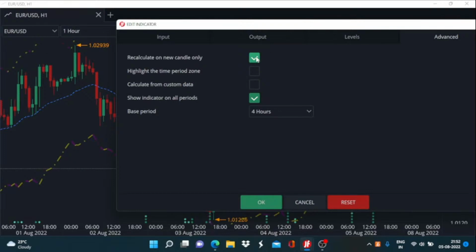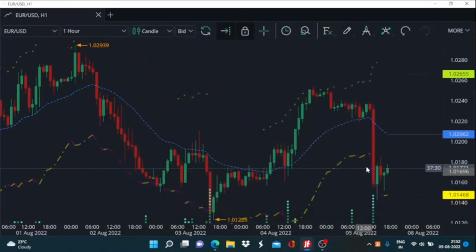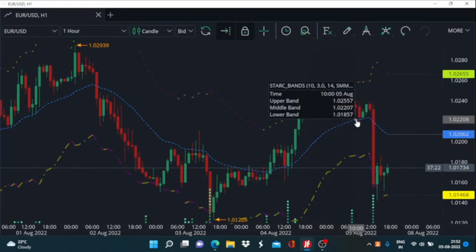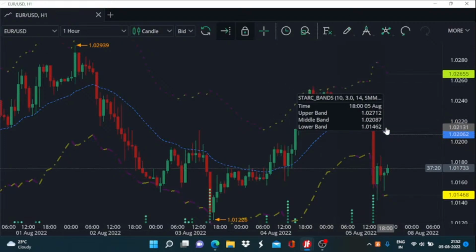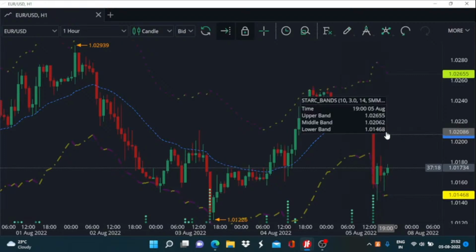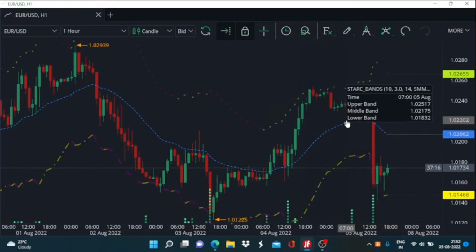So only once it will be calculated whenever a new candle formation takes place, and then that value will remain constant for the whole of the candle period. If we want the time period under consideration for calculation to be highlighted, then we can take this option and we will have the calculation period being highlighted. So we have this option.